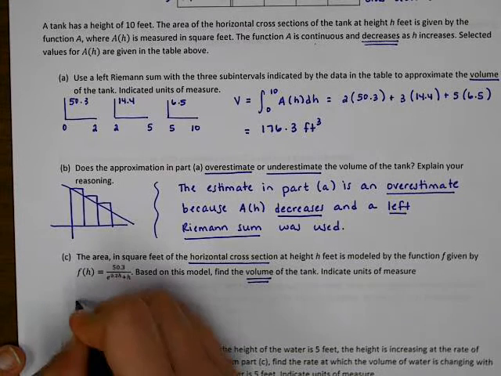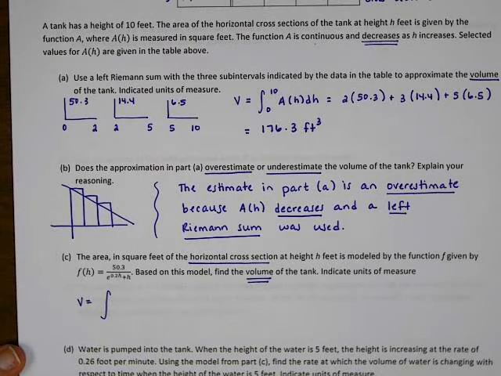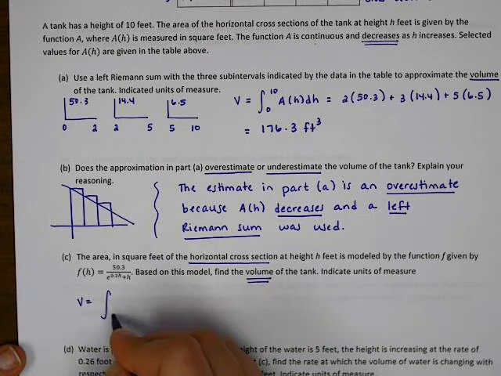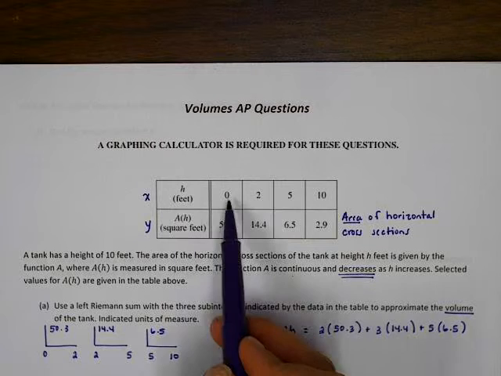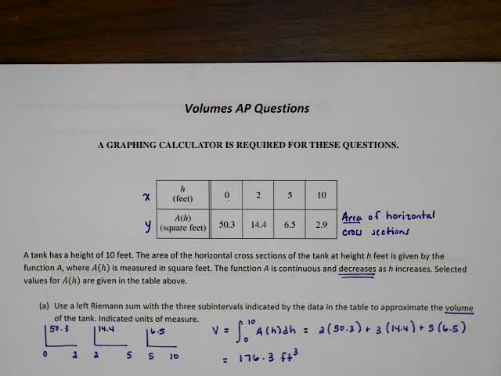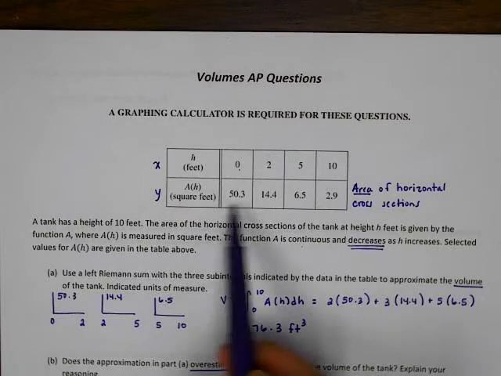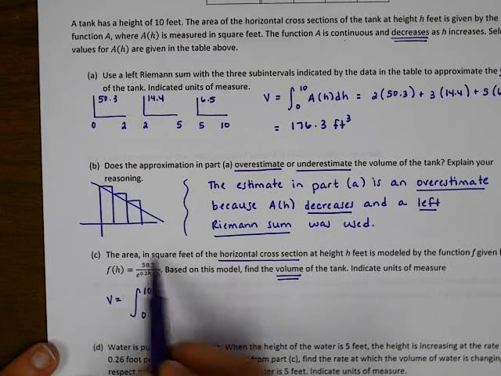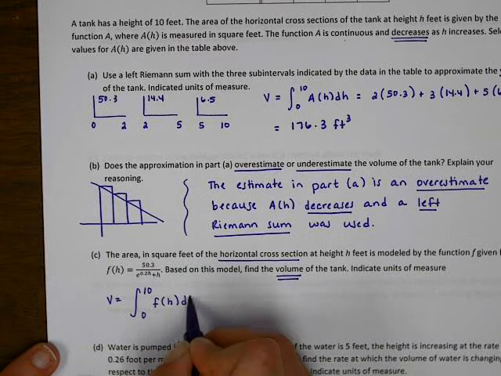So my volume here would be the integral from, it says that the tank has a height of 10 feet, from 0 to 10. That's how I know to make my interval go from 0 to 10, because my height is going to go from 0 to 10. But this time, instead of integrating my area values from the table, I'm going to integrate this function, because this is another formula for that area.